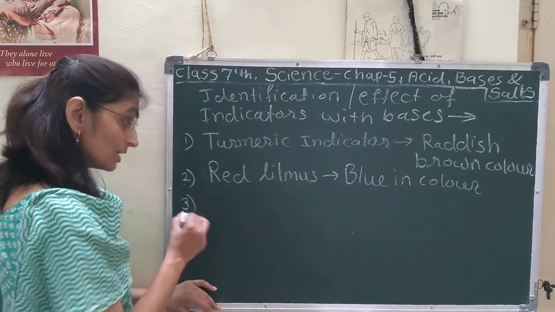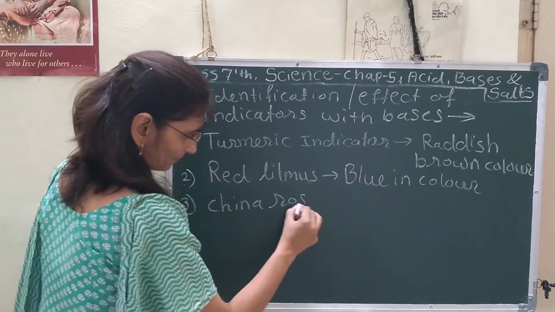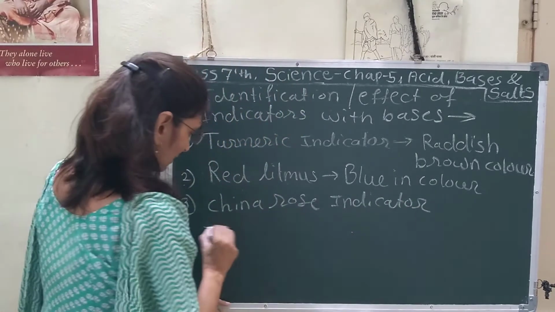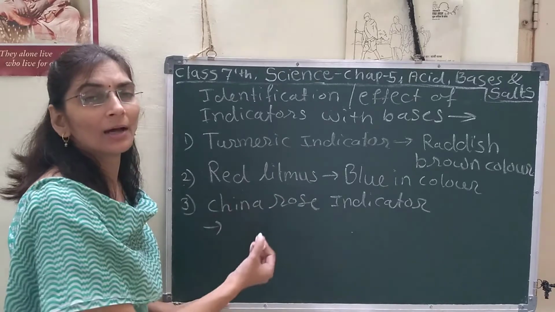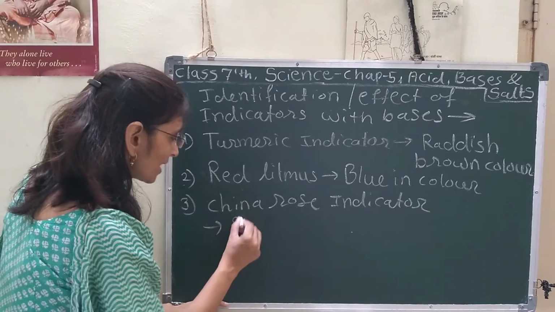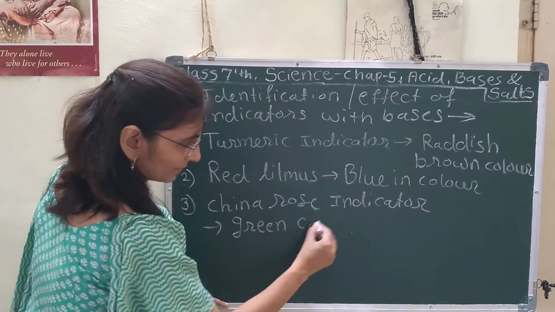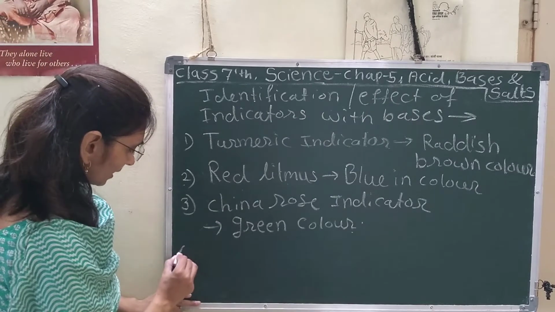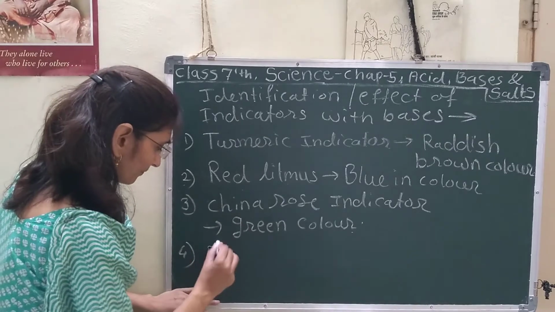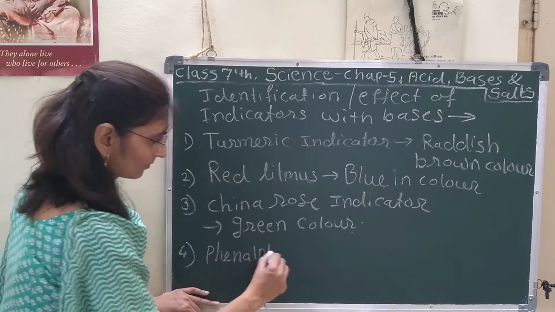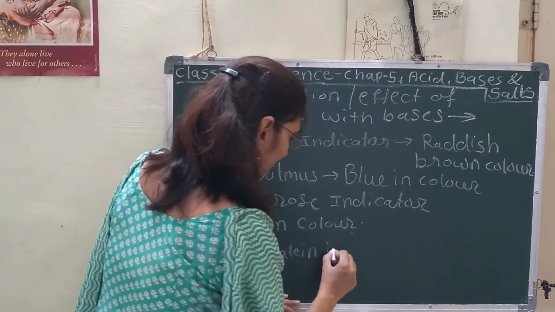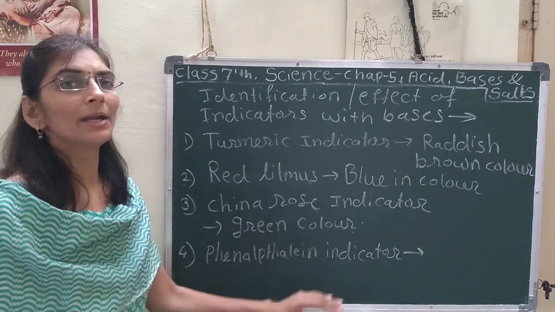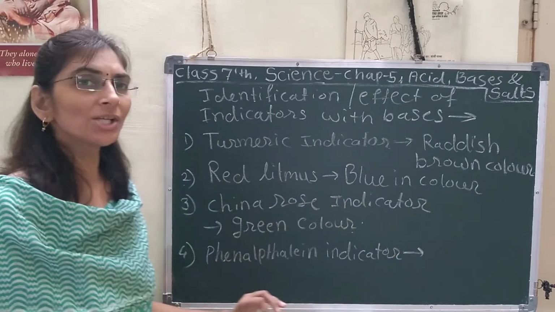Next, China rose indicator. It is originally light pink in color, and when it reacts with base, it will change its color into green color. The next indicator is the chemical indicator, phenolphthalein.